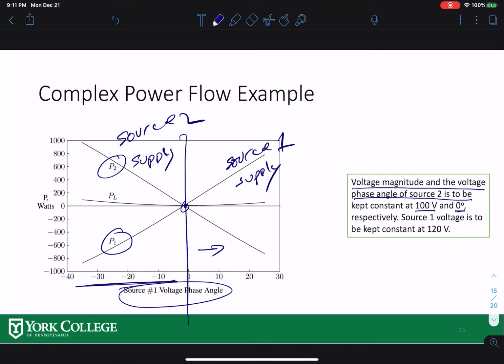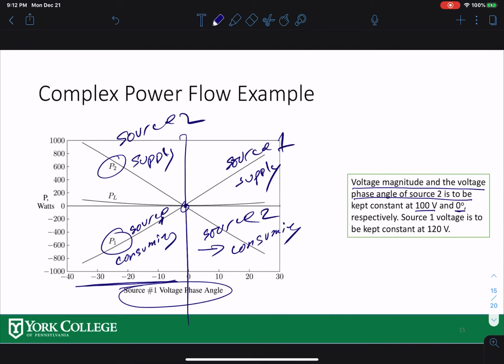When source 1 has a positive angle, source 1 is supplying on this side. And on this side, source 1 is consuming, and here source 2 is consuming.